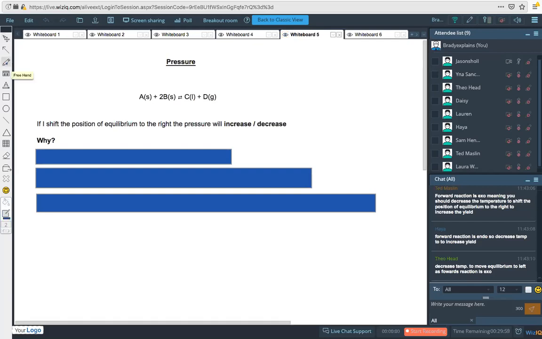So my question to you: if I shift the position of equilibrium to the right, so again, here's our imaginary line, what will that do to the pressure and why?